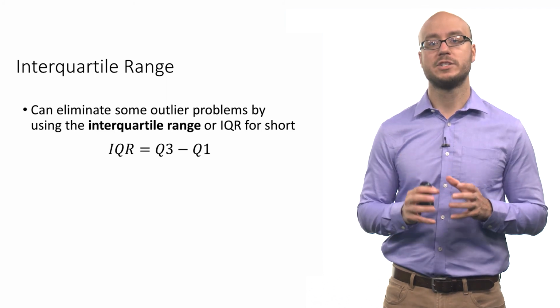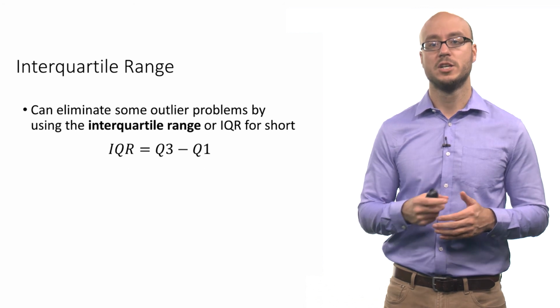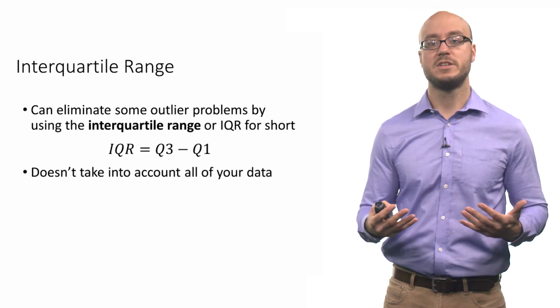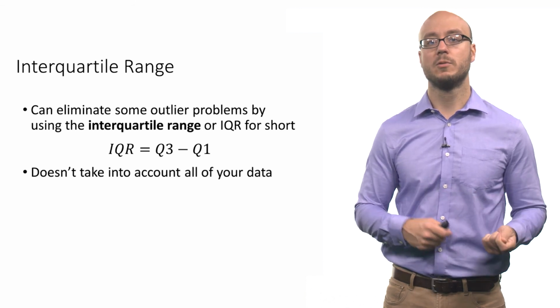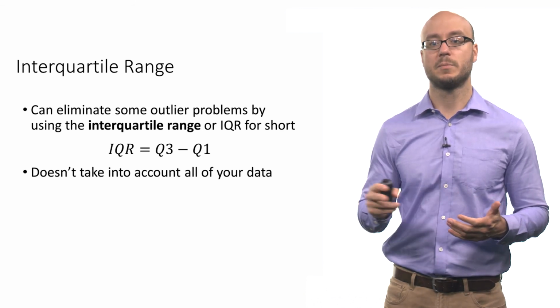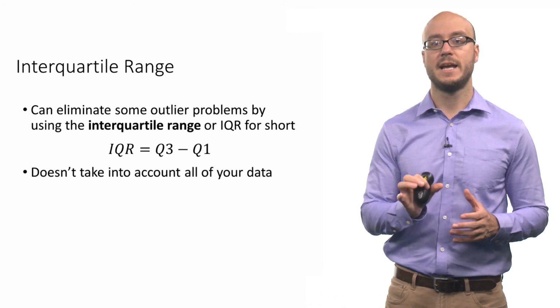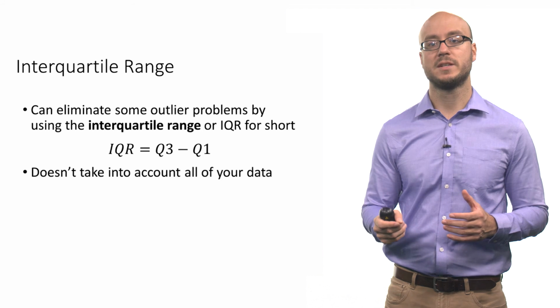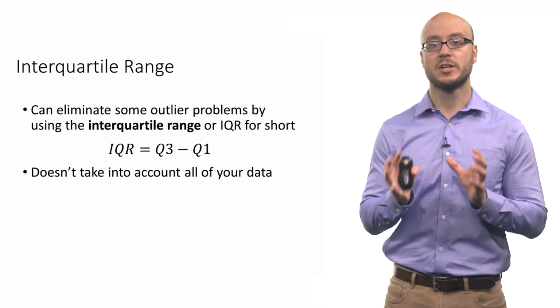The interquartile range is simply the third quartile minus the first quartile. When you have a set of data points, you organize them from lowest to highest and then calculate the percentiles. That middle 50% of the data, the difference between the 75th percentile and the 25th percentile, is known as the interquartile range.